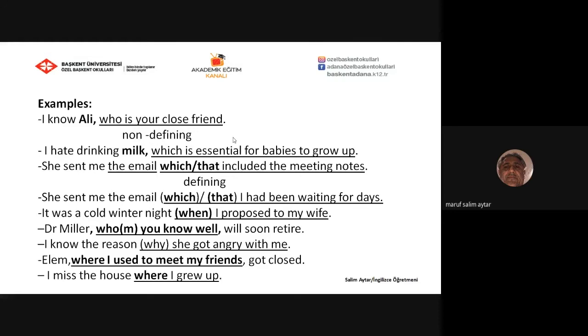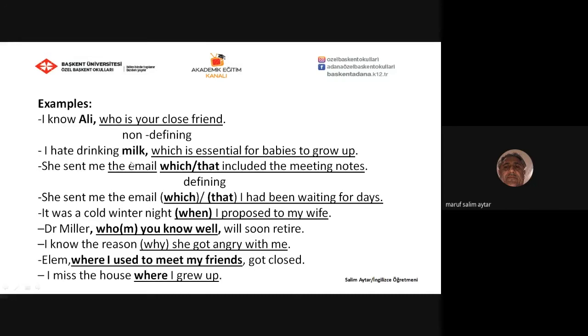It says here, for example, I know Ali, who is your close friend. Ali is a name. And when you talk about a name in English, actually in any language possible, okay, you don't have to define it. You can just give extra information about this name.